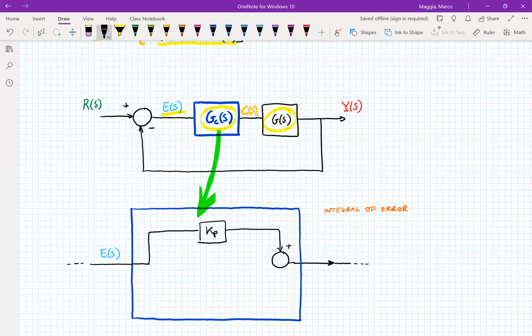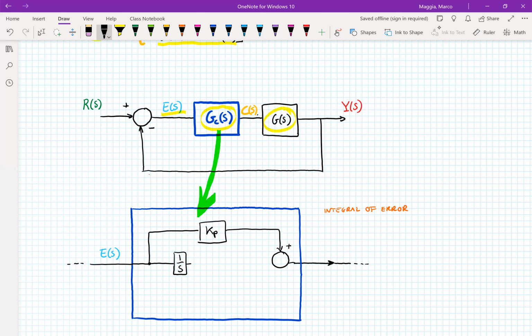Then we have another part, so always the error. Now we multiply by 1 over S. By multiplying a function by 1 over S, or by dividing it by S, it's like taking the integral. So we're taking the integral of the error.